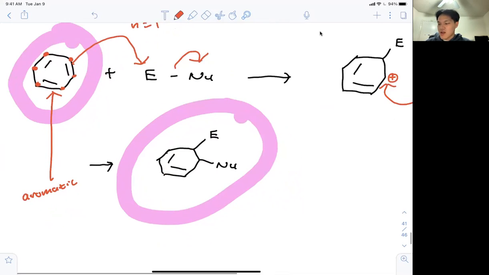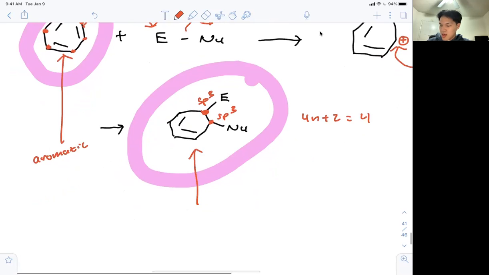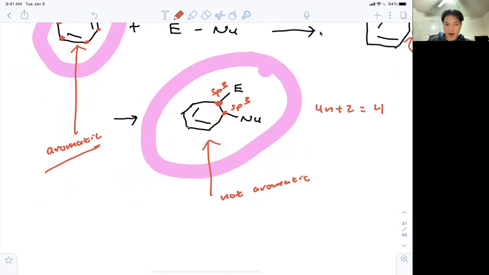Well, it doesn't satisfy the 4n plus 2 because we only have 4 pi electrons, right? This molecule is sp3 as well as this one, so it's not in the same plane, so this is not aromatic. So we went from an aromatic molecule to a non-aromatic molecule, and that's what makes this so unfavorable.